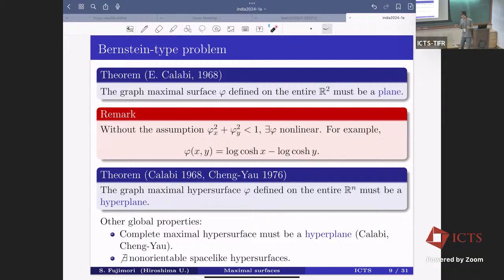We have many complete minimal hypersurfaces in Euclidean space Rn. Is there a counterexample? Yes, there are many.